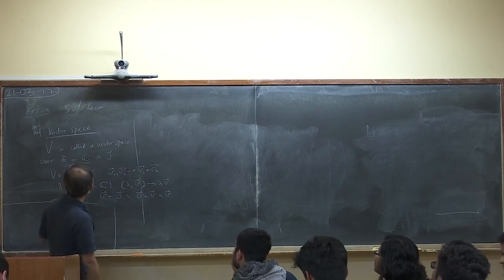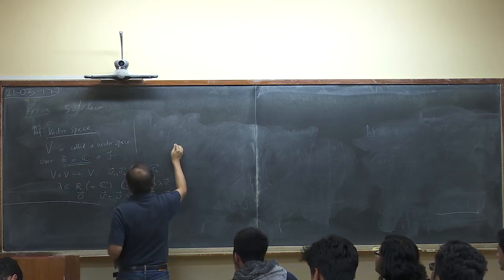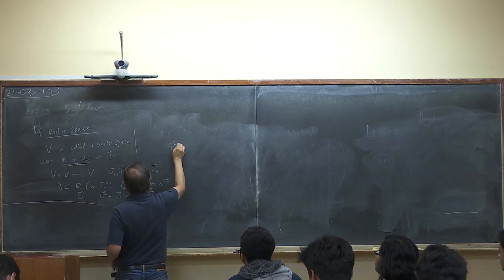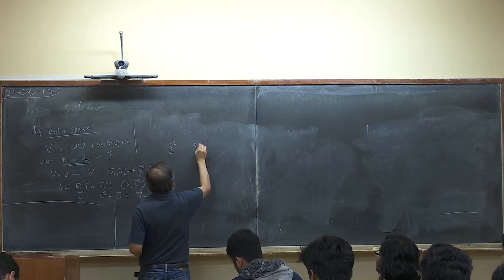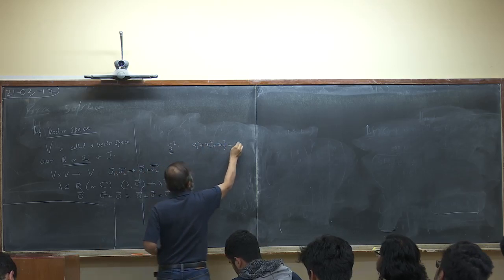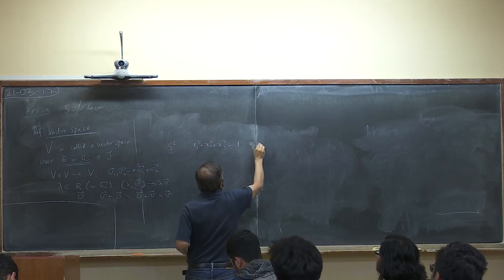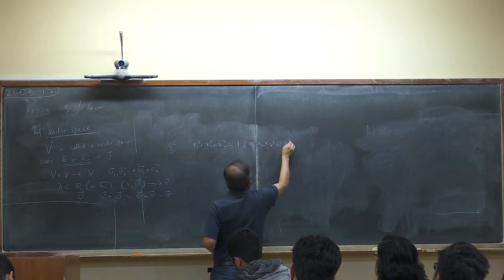Okay, so let us say that I take the example of S2. This is not a vector space. So x1 square plus x2 square plus x3 square equals 1, and x1, x2, x3 is in R3.